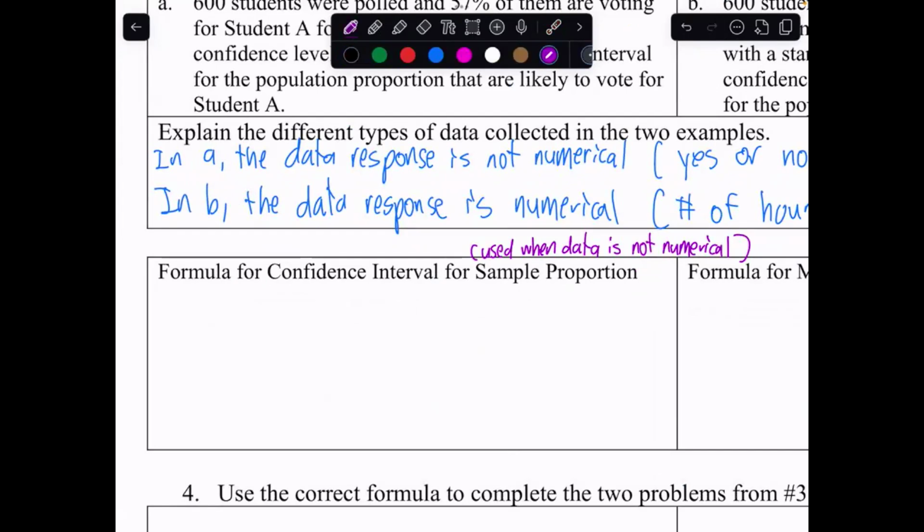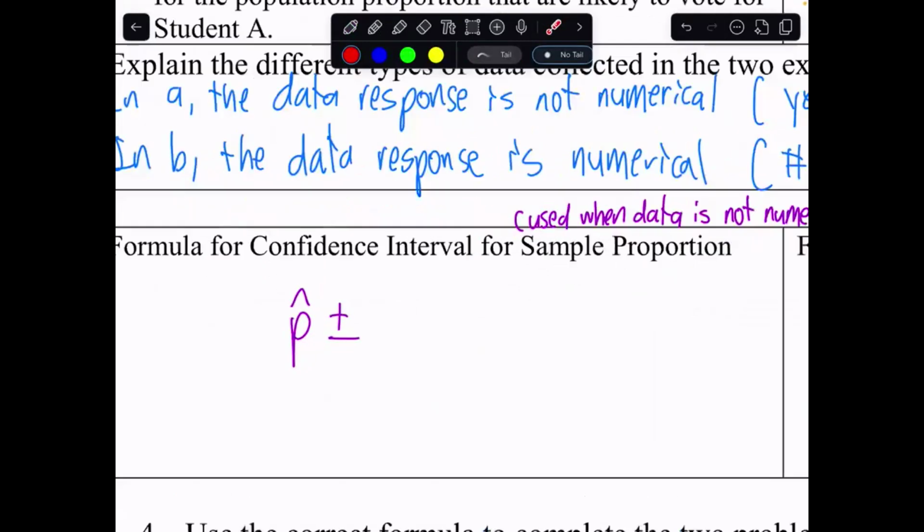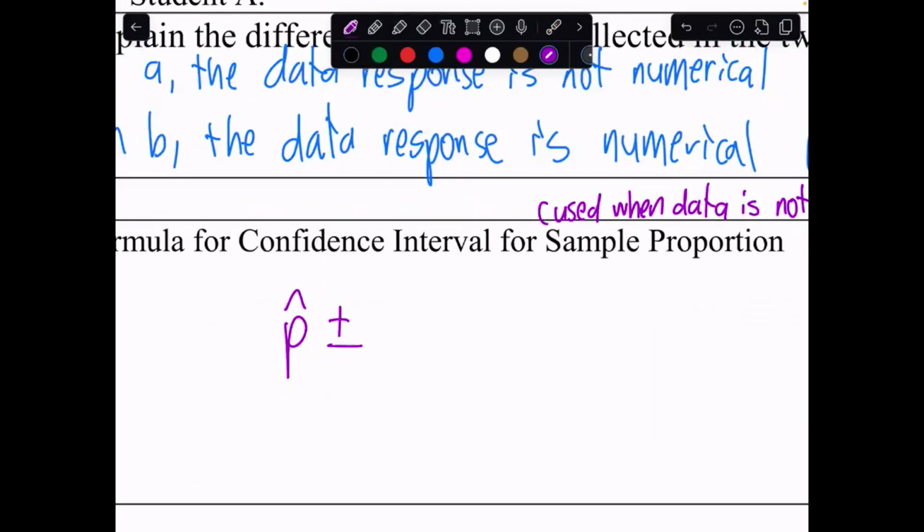Okay, and here is that formula. So P with a little caret, let me just write the formula first.